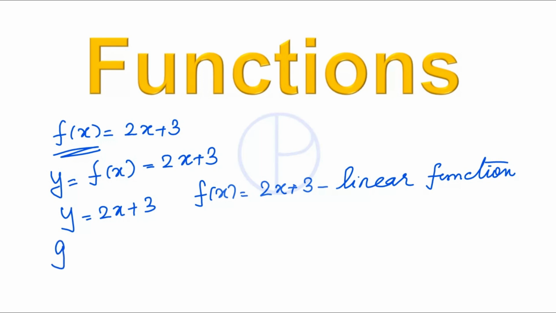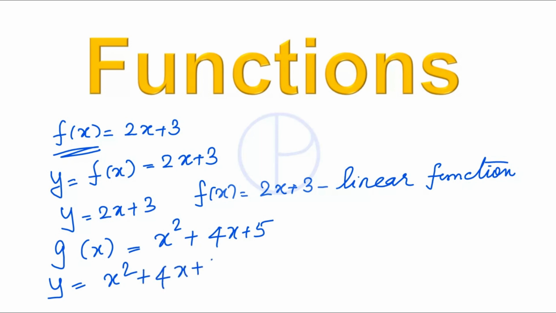Suppose we take another function, g of x, which is equal to x squared plus 4x plus 5. So y is equal to x squared plus 4x plus 5 is a quadratic equation. But the function g of x equal to x squared plus 4x plus 5 is a quadratic function.